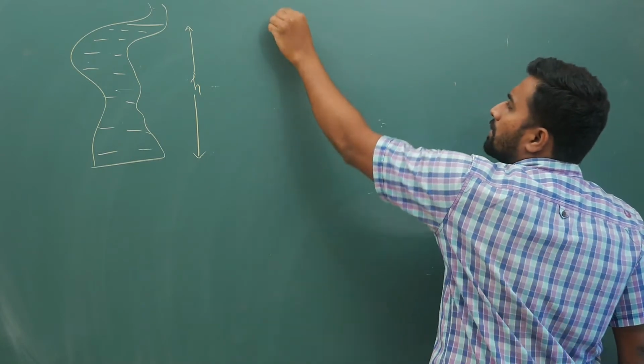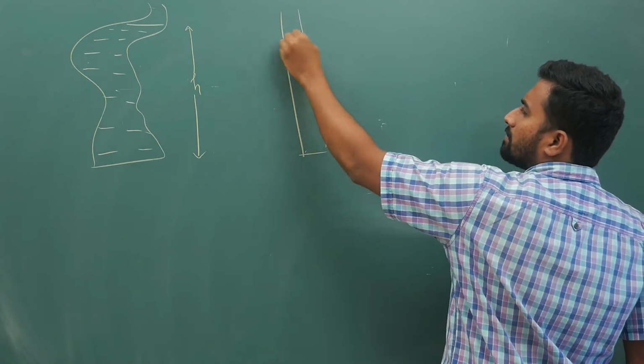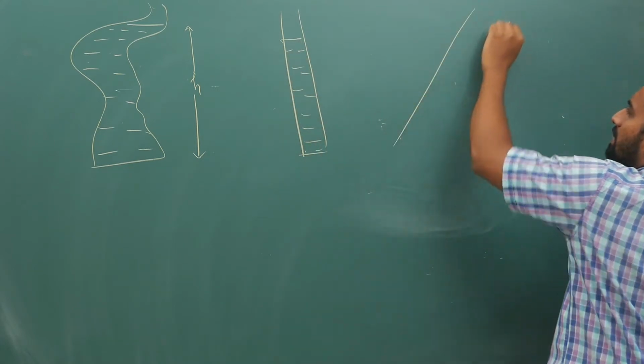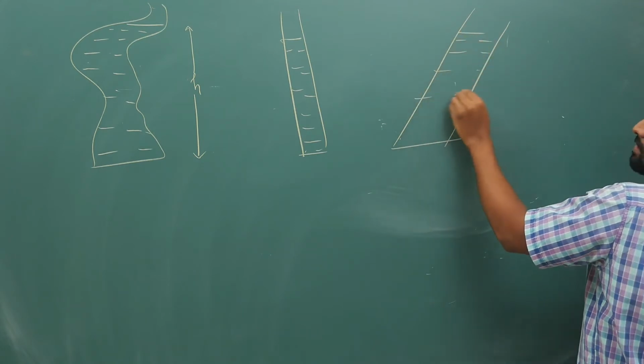Next case is, you have a vertical container. Next case is, you have an inclined container like this.